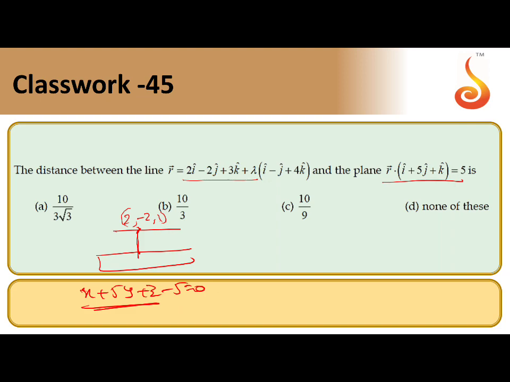So r equals xi plus yj plus zk is the vector form. The Cartesian form is x into 1, y into 5, z into 1, and bringing the constant to this side gives minus 5.